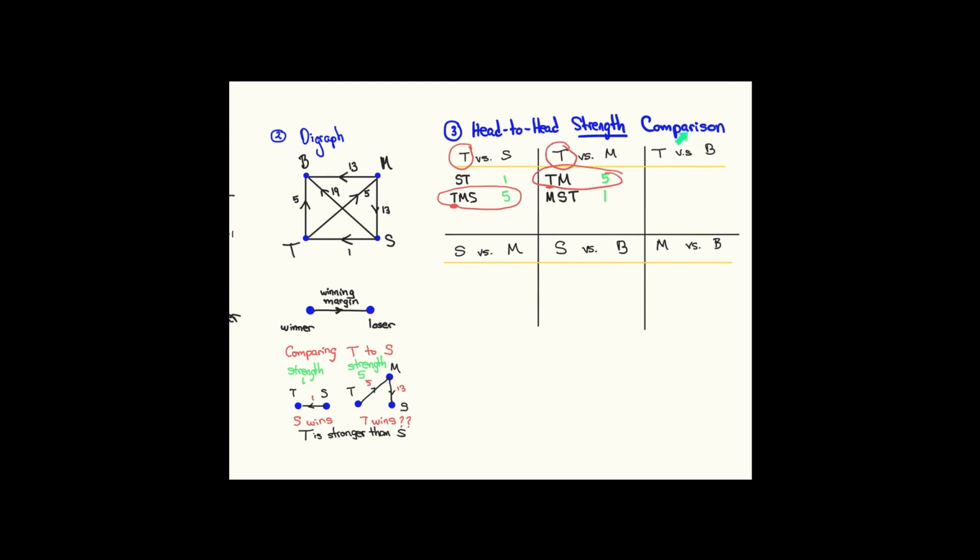For the next pair, T versus B, remember that there is no way out of B, so there are no paths starting at B to T. And then we need the paths from T to B. We have T to B, we also have TMB, and we have one more, TMSB.